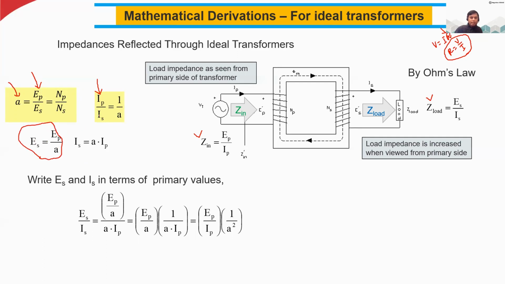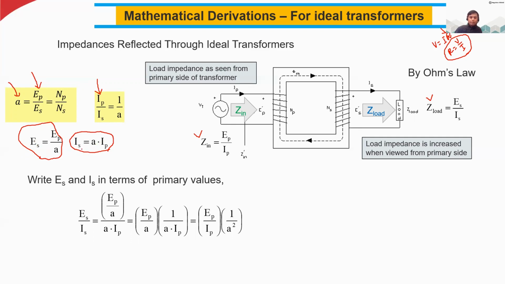And similarly, here we have the IS. I want to keep this IS, bring the IS up and then the A up here. So IS is equal to A times IP. Right? So now I found the equation. ES and IS mean what? The voltage induced in the secondary winding and the current induced in the secondary winding.